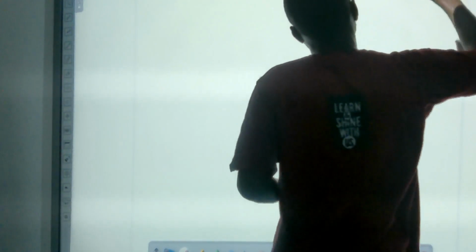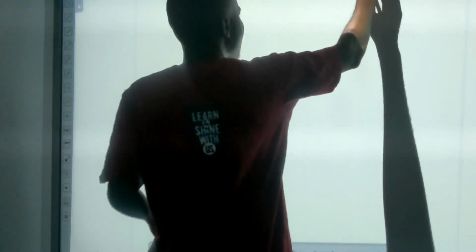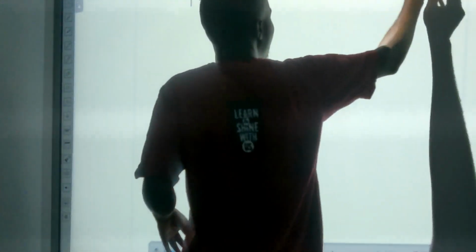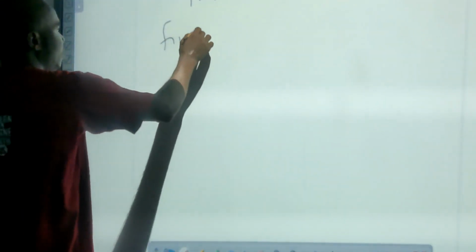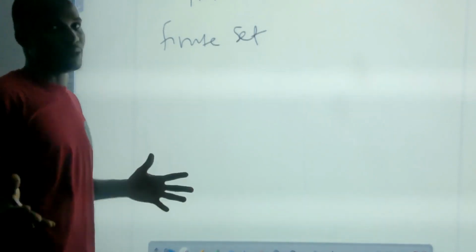So if we proceed now, we can also talk about another type of set besides the empty set. We can classify sets as being finite sets and infinite sets. Finite sets are those sets in which it is possible to list all of their elements.